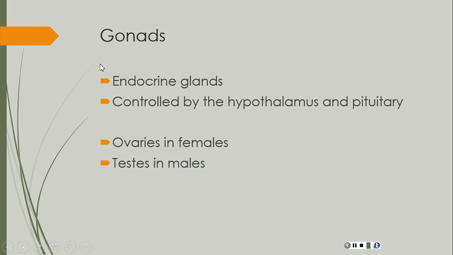So let's talk about the gonads. The gonads are endocrine glands, and they're controlled by the hypothalamus and the pituitary. So it's quite the orchestration here. We've got target organs, target glands, being controlled way up in the brain and acting on different parts of the body. It'd be ovaries in females and testes in males.